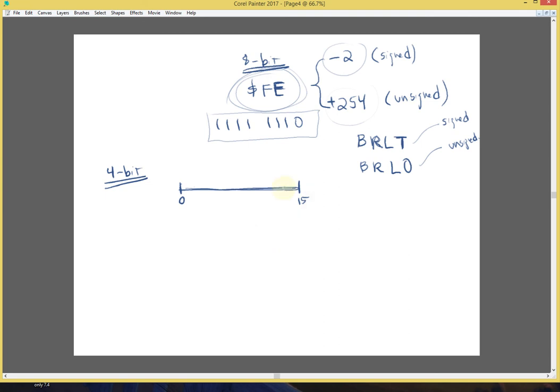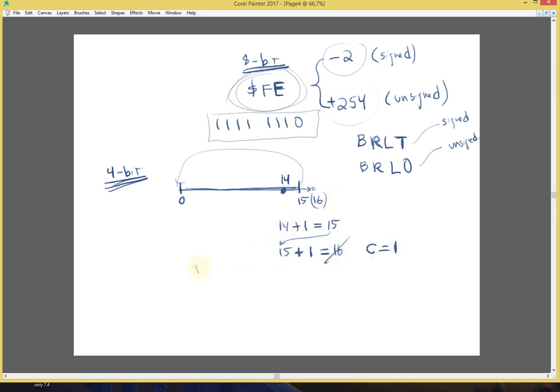If I happen to have a number here, 14, and I add 1 to it, then I get 15. But if I have 15 and I add 1 to it, then this recycles back to 0 because we're going to overflow. The true number is supposed to be 16, but we cannot represent this number with 4-bit arithmetic, right? This is not possible, and this is where the carry flag gets set to 1.